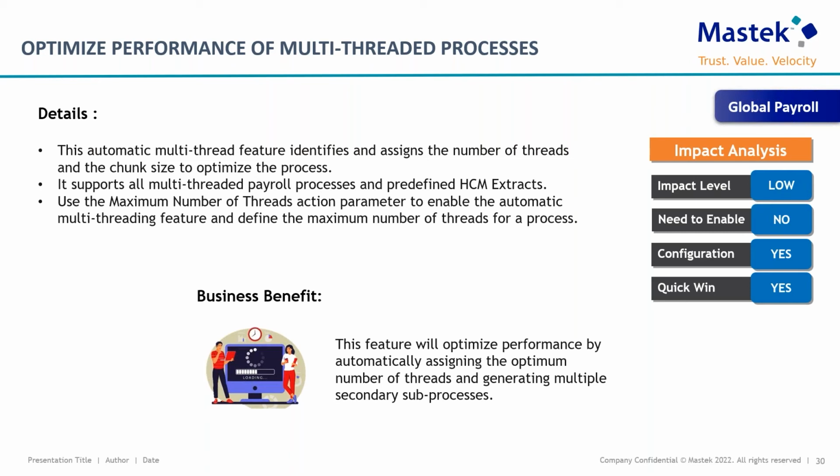Like you are running a payroll, and the system will automatically use multi-threading to complete it in a very optimized way. Let's say there are 8 threads. The system will run the payroll process as 8 sub processes so that it can complete the whole process in 8 times less time.